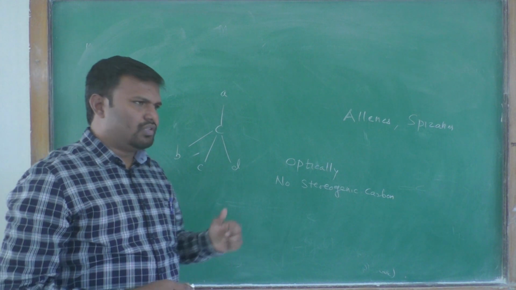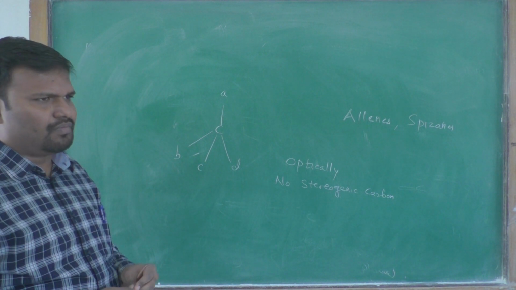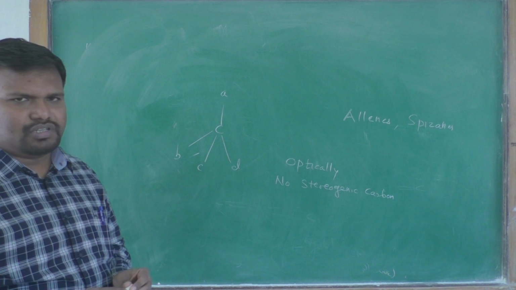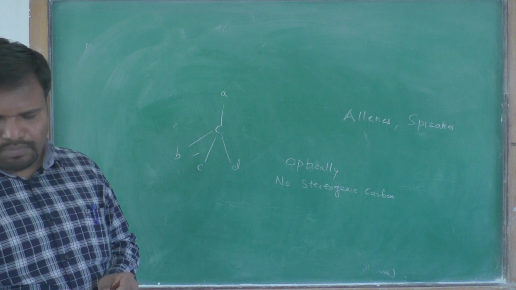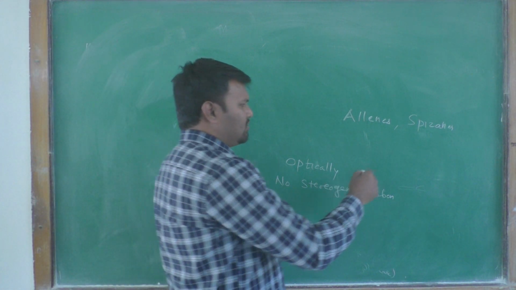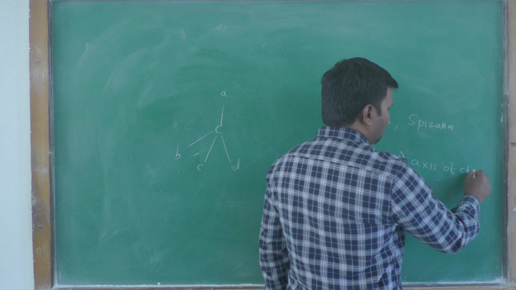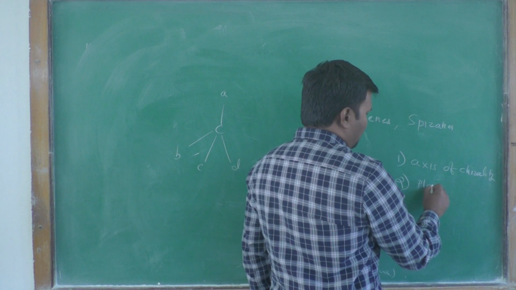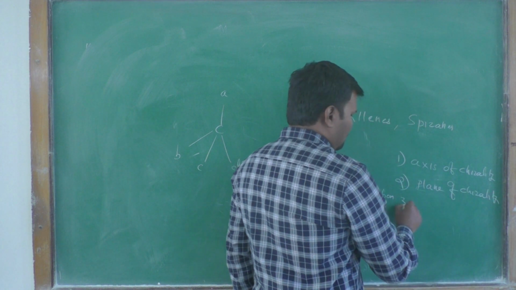Among these compounds, there are allenes, spiranes, biphenyls, and other types of examples which do not have a stereogenic center. The chirality of these compounds, where no stereo center is present, is explained on the basis of axis of chirality, plane of chirality, and helicity.